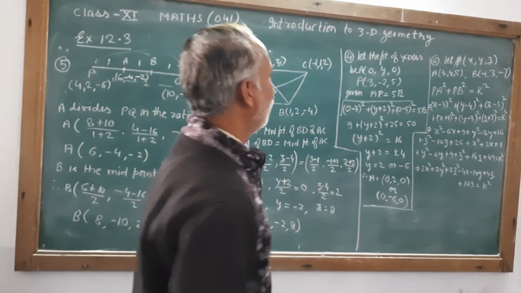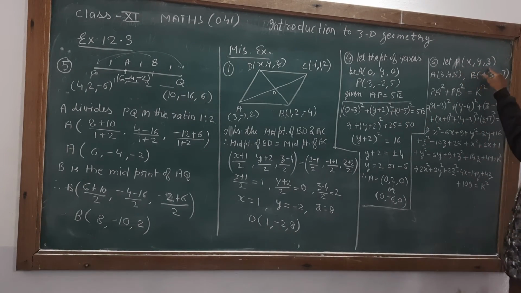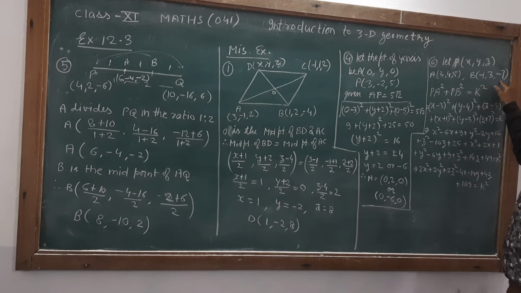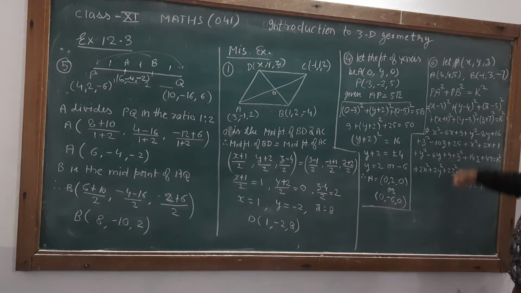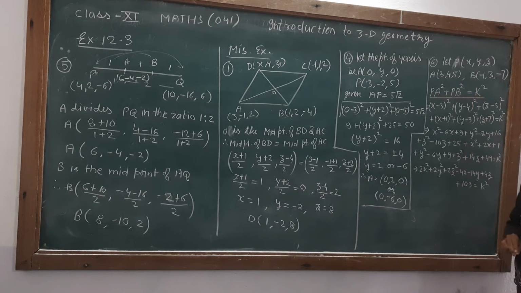Okay? So let me take the coordinates of P as (x, y, z). The coordinates of A (3, 4, 5) and B (-1, 3, -7) are already given. Now the condition is PA² + PB² equals k².